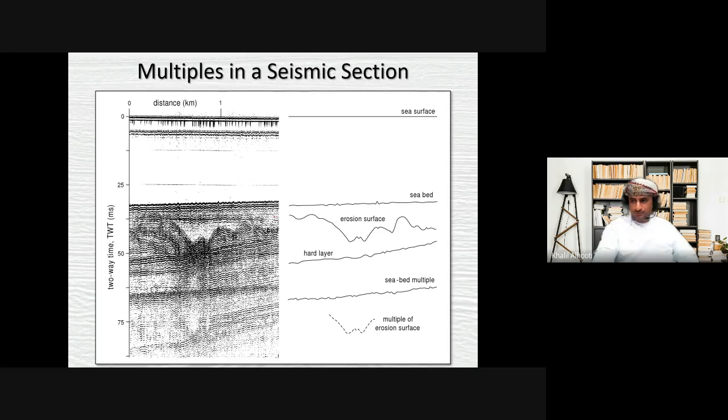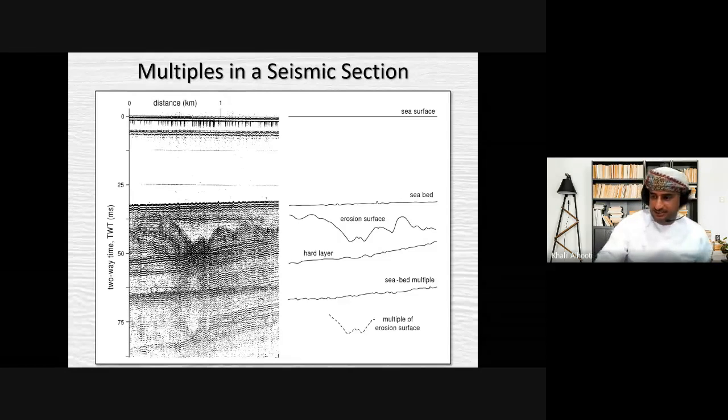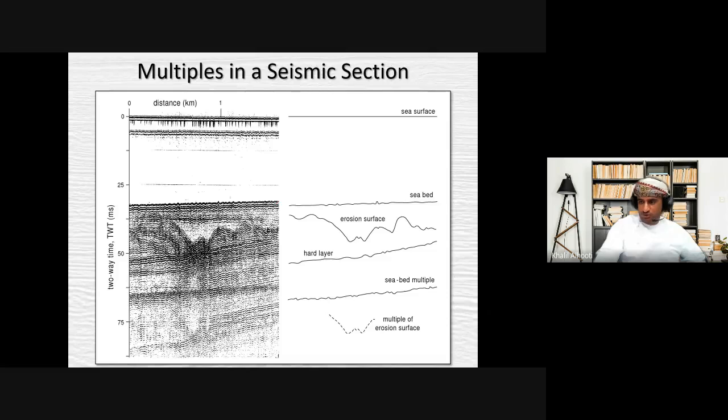So we resume. We said multiples are problematic. I'm seeing some multiples here. At least one of the strong multiples is the seabed. This is the seabed, and where I see its multiple here, I see it. So you should remove this one.